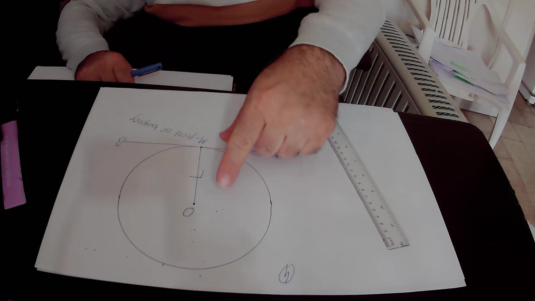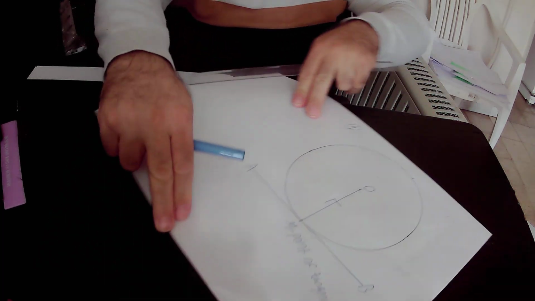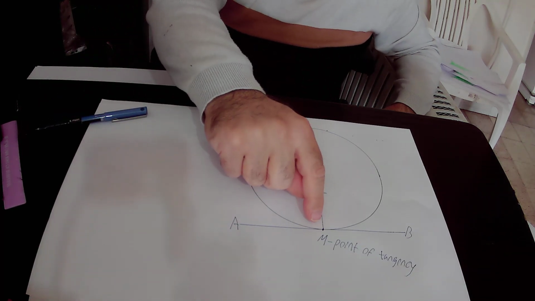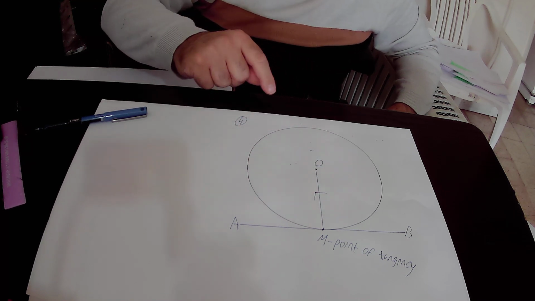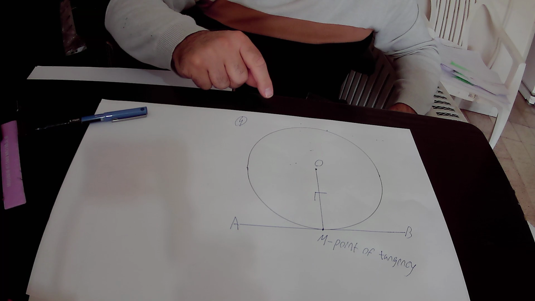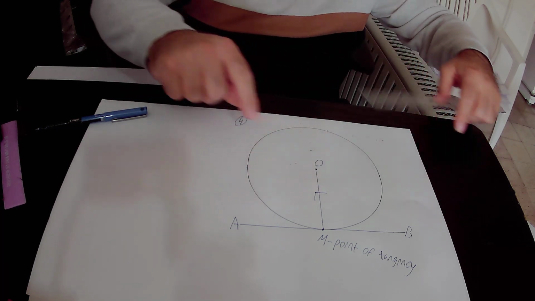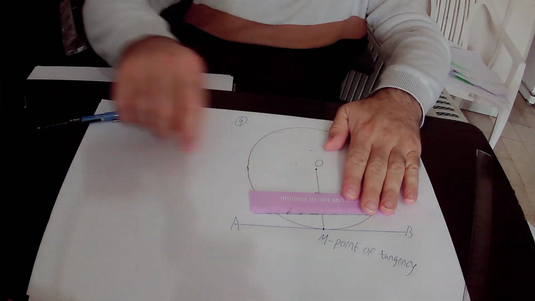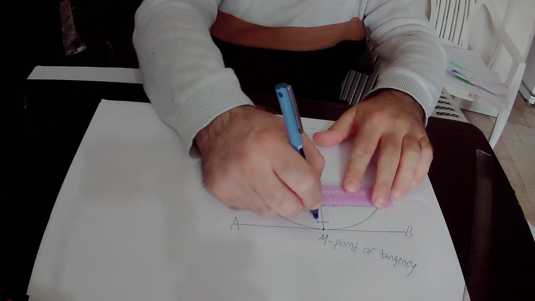So this radius, the radius OM, is drawn to the point of tangency, that is to say it is drawn to point M, that is the point of tangency. Therefore, according to rule number 2, the tangent AB is perpendicular to this radius. That is to say, this angle equals 90 degrees.